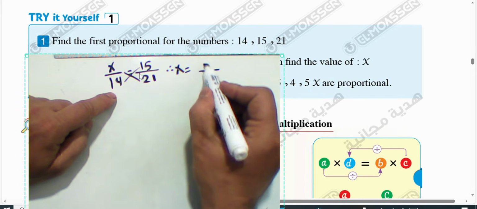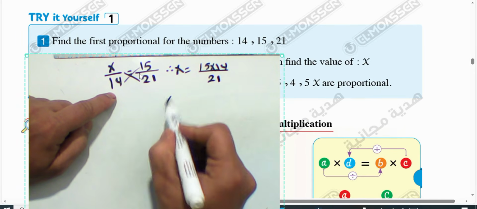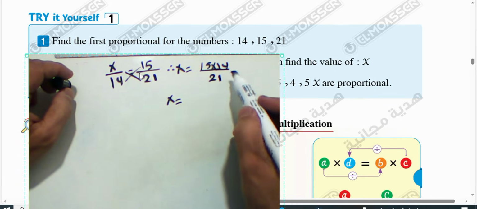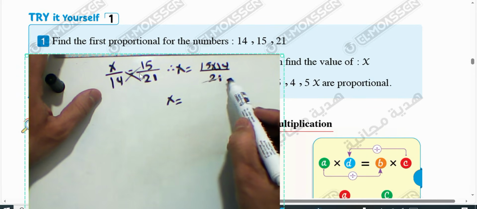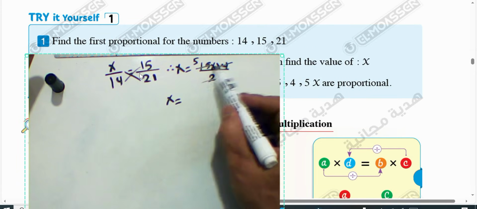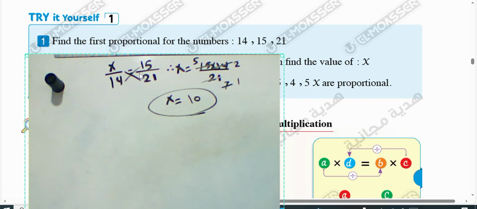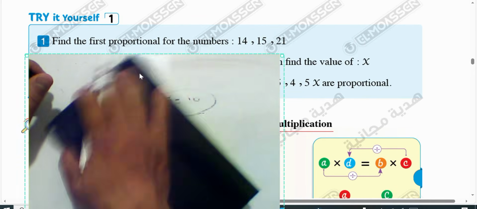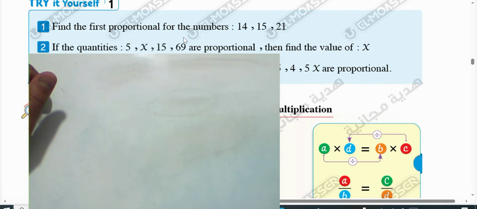Then x equals 15 times 14 over 21. Then for the value of x, we can use a calculator to find the answer or simplify. Like this, 21 divided by 3 equals 7, 15 divided by 3 is 5, 14 divided by 7 equals 2, 2 times 5 equals 10, 10 divided by 1 equals 10. Then the value of x here will be 10. The first will be 10.